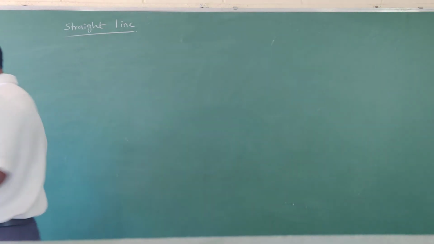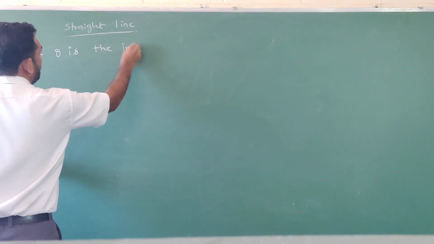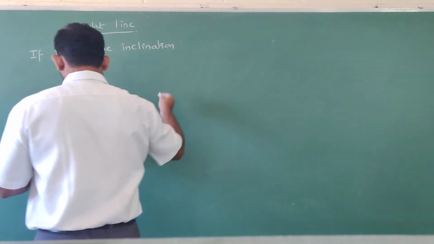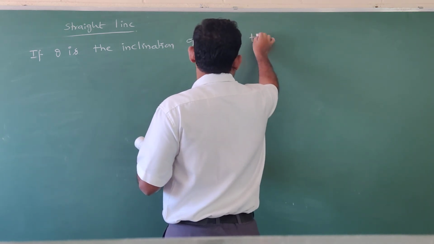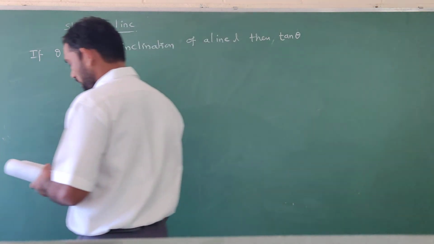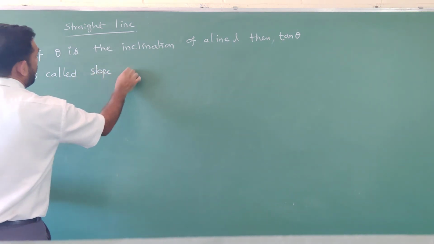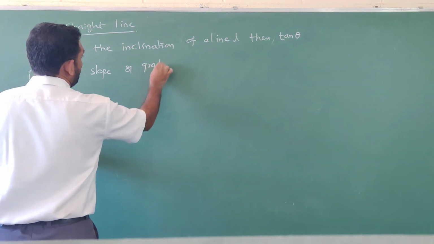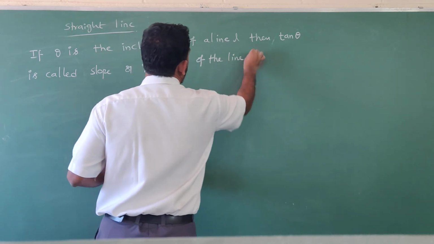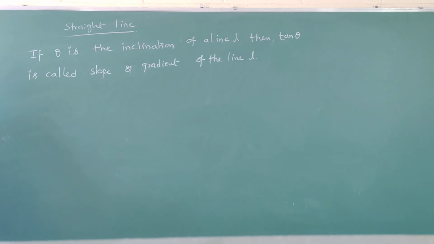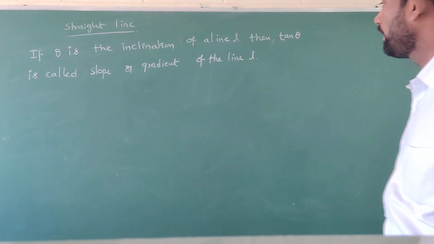Next point: if theta is the inclination of a line L, then tan theta is called the slope or gradient of the line.